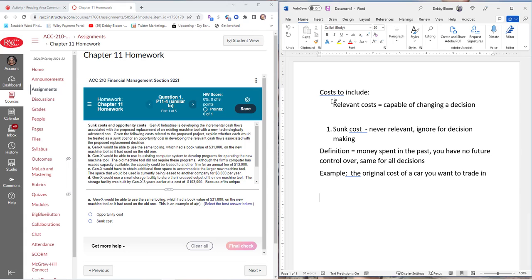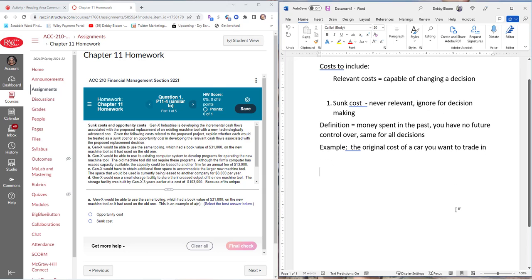Now, the second cost that we're going to look at is an opportunity cost. An opportunity cost is a cost or benefit that arises from making a particular decision, so an opportunity cost is always relevant.